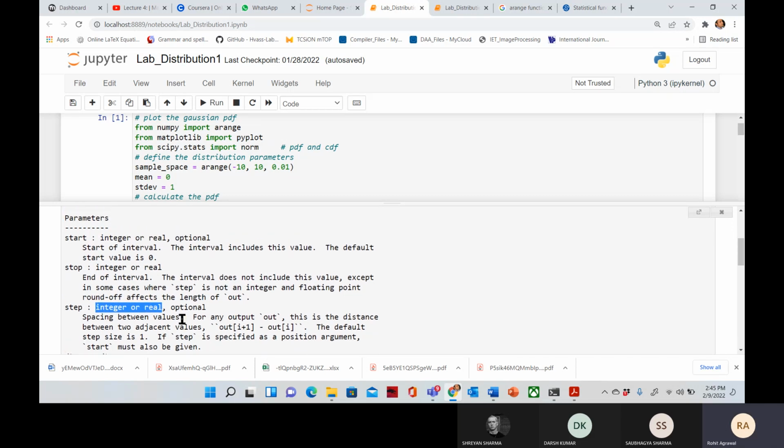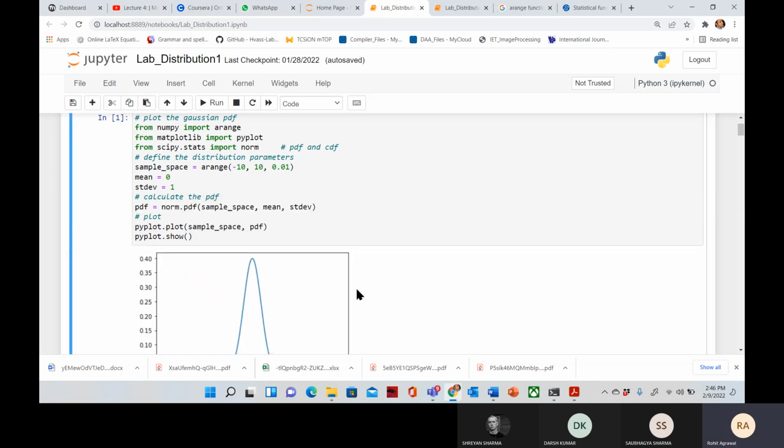If we are not passing any start value in the arange function, it will take 0 by default. In our code we have passed -10, and we need to pass stop, this is the second parameter. The third parameter is again optional. If we are not passing it, by default it will take 1, but we are passing 0.01.